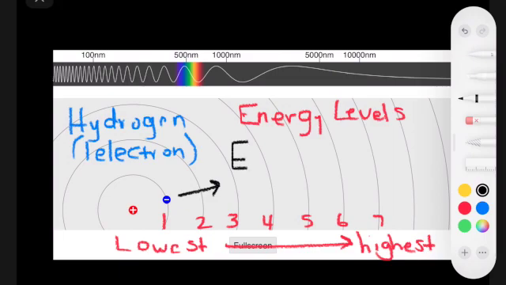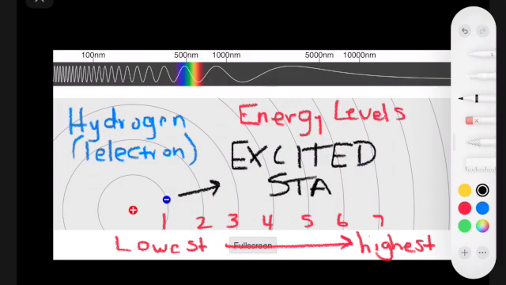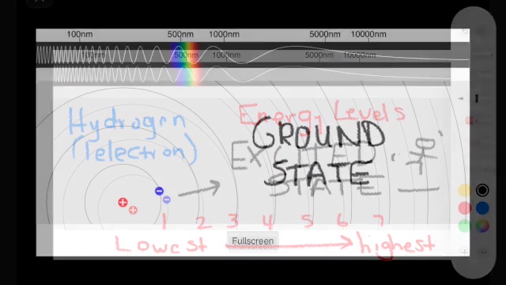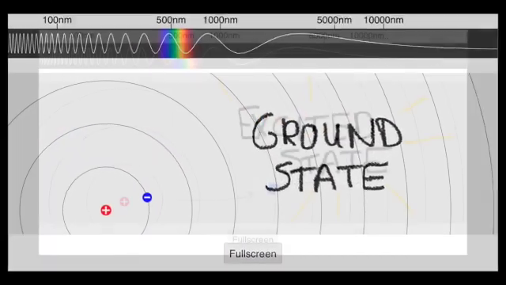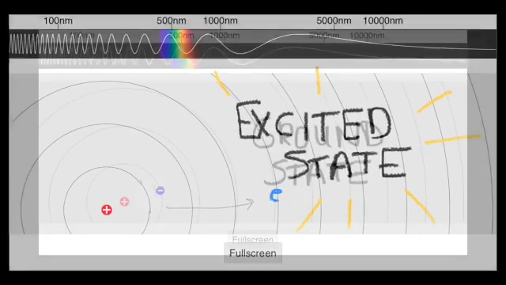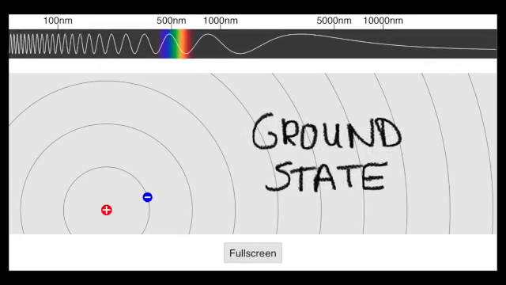And we call that the excited state. That'd be kind of like when you're jumping up and down, little kids all excited, jumping at a party. So watch as I show you with the simulation, the electron moved from the ground state up into the excited state. To the ground state again.